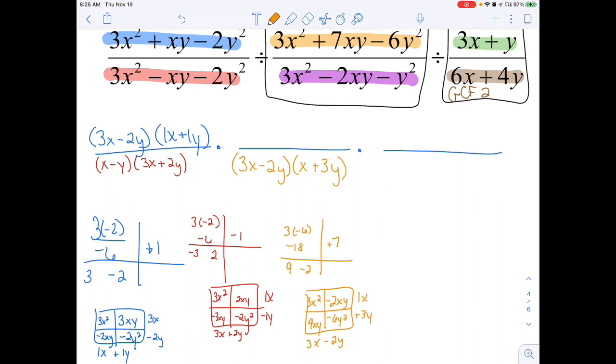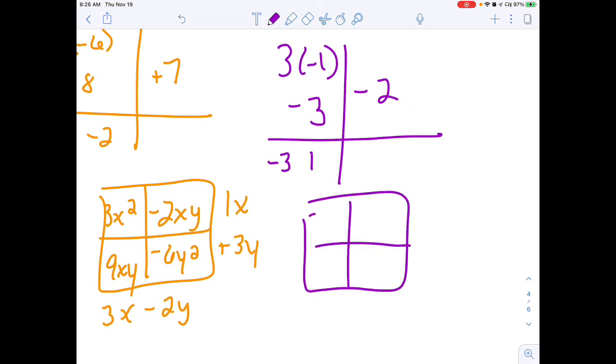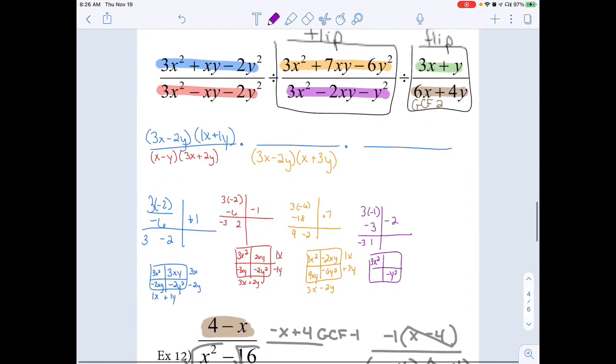Okay, so purple. So we got purple now, and I'm going to do 3 times negative 1, which is negative 3, middle number negative 2. So that's going to be a negative 3 with a positive 1. That multiplies and adds to the proper numbers. All right, so my purple box is going to be 3x squared up here from the equation, and it was negative y squared, I do believe. That is true.